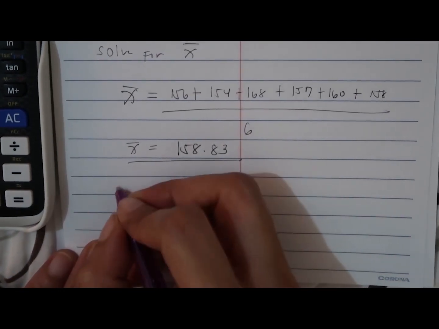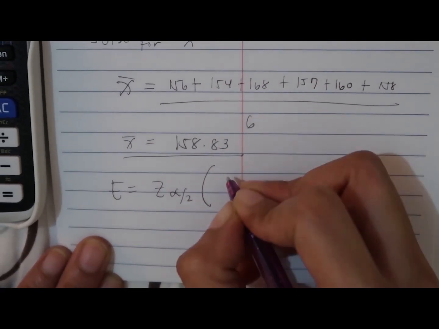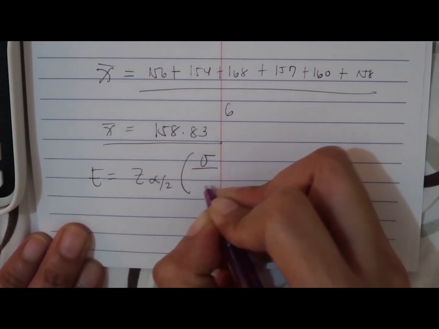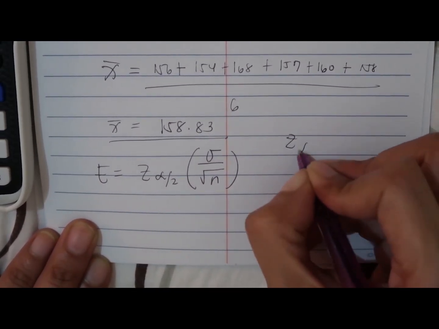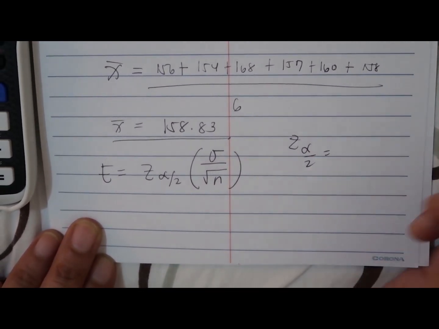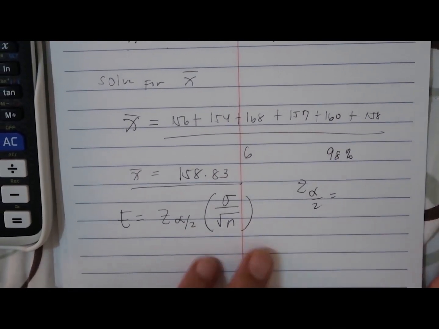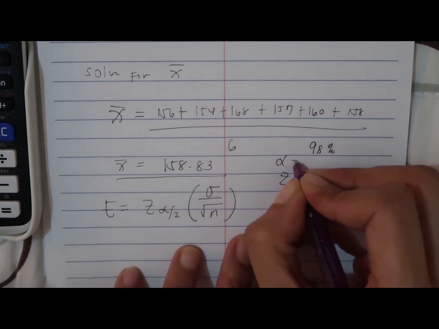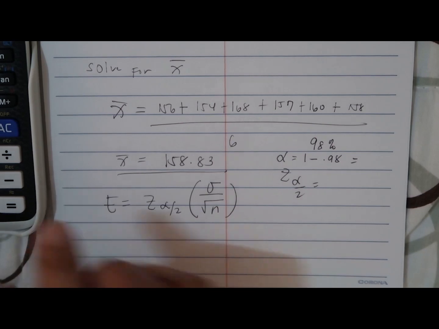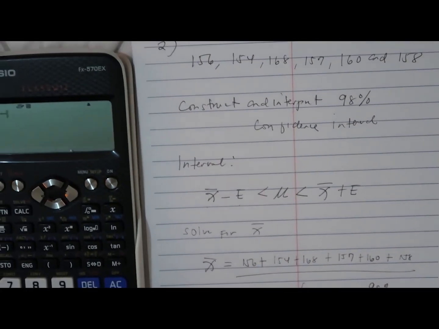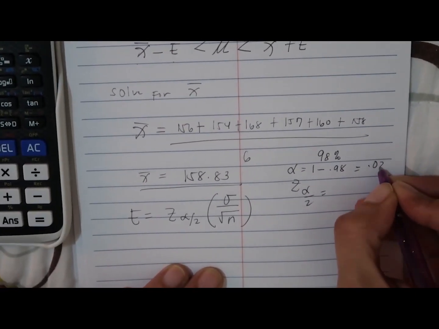Okay, next, margin of error. So we have Z alpha over 2 multiplied by the standard deviation of the population divided by the square root of n. So what is your Z alpha over 2? That is 98%. So to solve for alpha, 1 minus 0.98, so that will be 0.02.